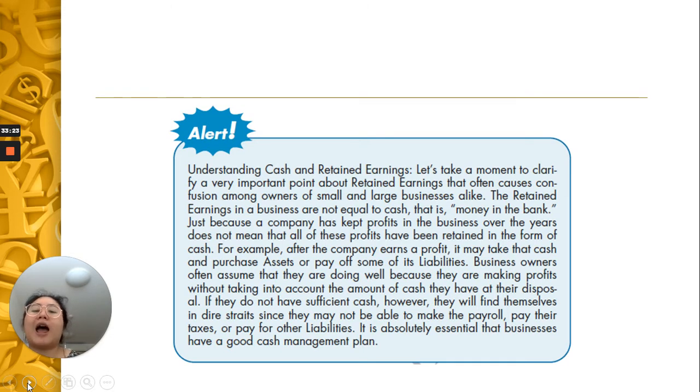And if they do not have sufficient cash, they will find themselves in trouble, since they may not be able to make the payroll, pay their tax, or pay their other liabilities. It is absolutely essential that these businesses have a good cash management plan. So this one is about cash and retained earnings.